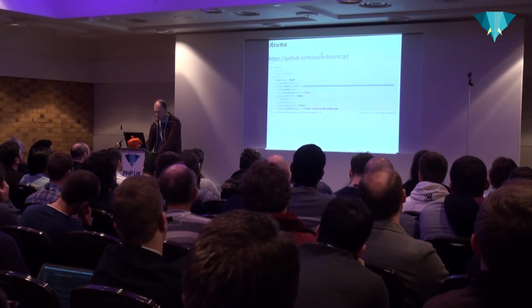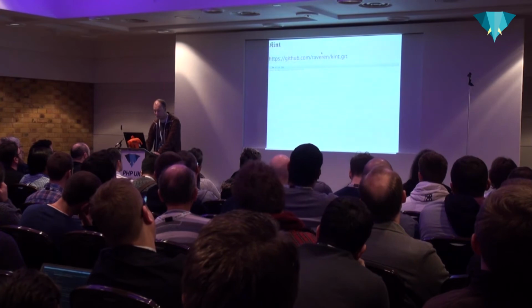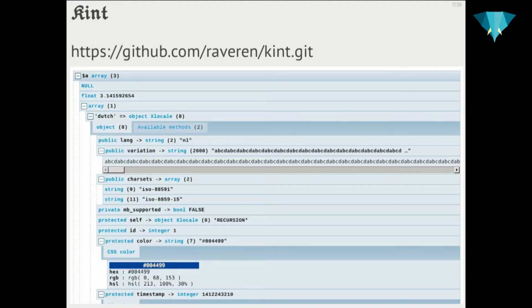Then the third one I'm looking at is something called kint. Again, this is a replacement. You call a function after doing this. I think it's a bit nicer because, first of all, you don't have to click for every single level. You just have to do the top level once. It also does interesting things, like if it finds a color variable in there, it will actually show you that specific color.